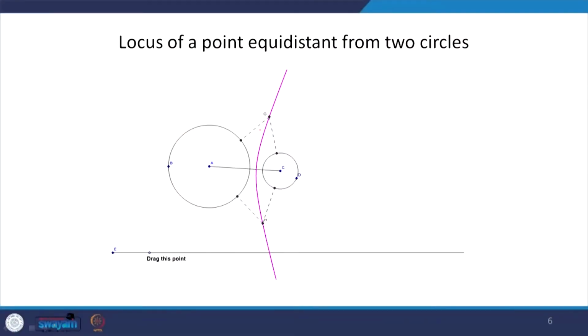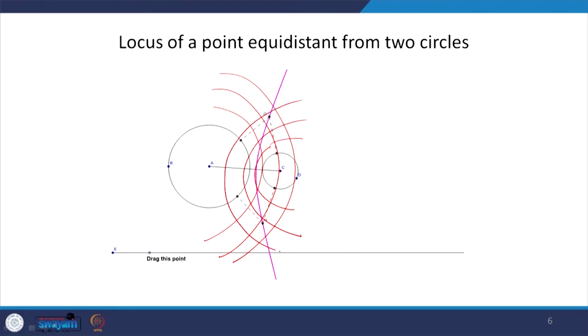If you remember what I have just told, we will be drawing concentric circles to both these given circles, okay, and then this curve, where I am not drawing it freehand properly, will actually be the intersection of both of these circles. Wherever both of these circles intersect will be where we will get this curve. That is what this curve is.